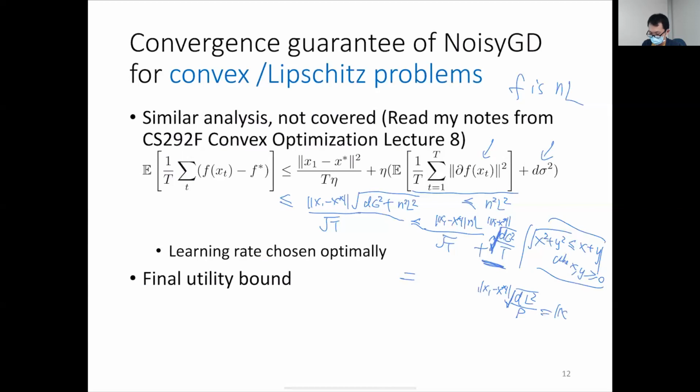And this is in terms of epsilon delta dp. This is d log 1 over delta L square in the square root over epsilon square, right? So everything as expected, because L over epsilon is the L2 sensitivity over epsilon, and multiply with this square root of log 1 over delta.